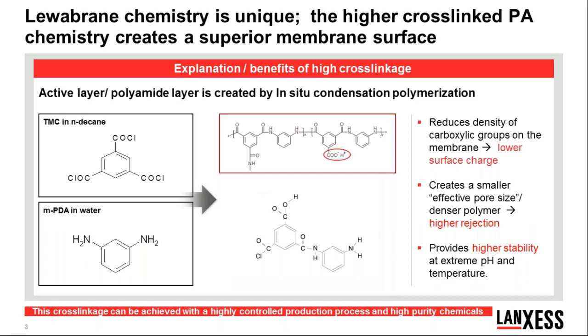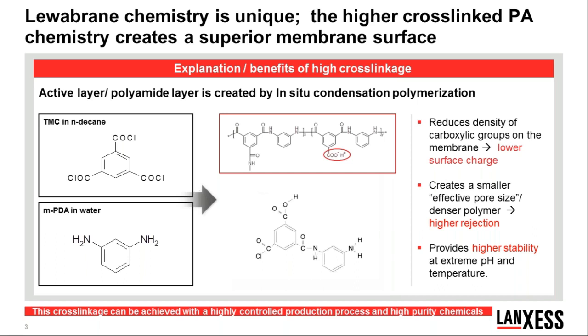In the case of Lanxess and our chemistry, we have purposely decided to build a polyamide barrier layer of high cross-linkage. And we do that because on the right side of the slide, you will see that carboxylic that's circled in the middle. By generating a polymer of high cross-link density, we can suppress the carboxylic, and that lowers the surface charge in the membrane.